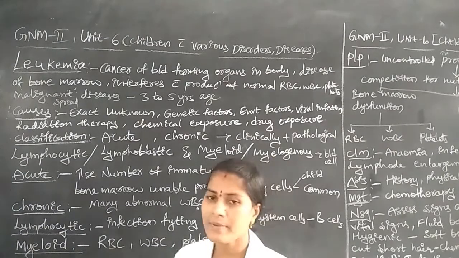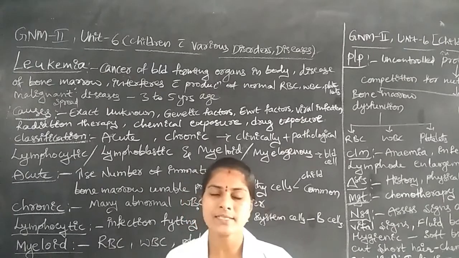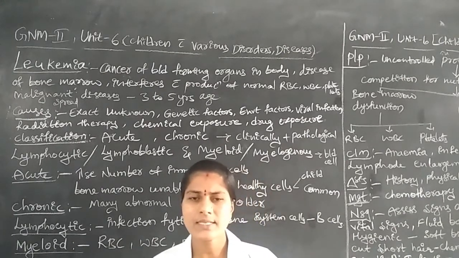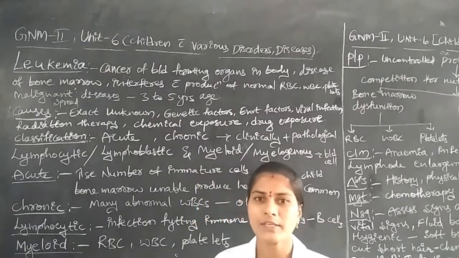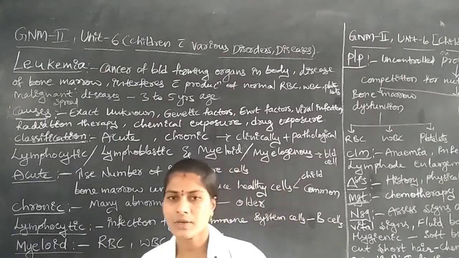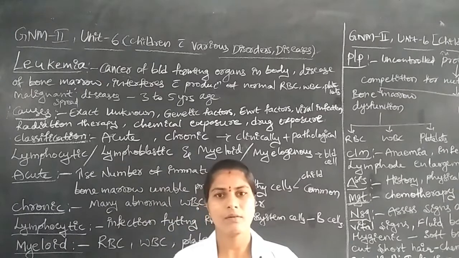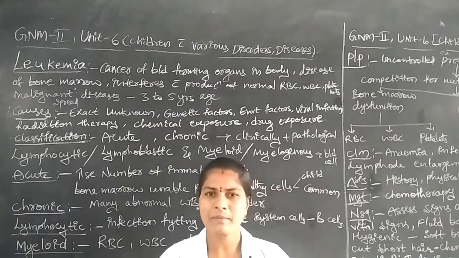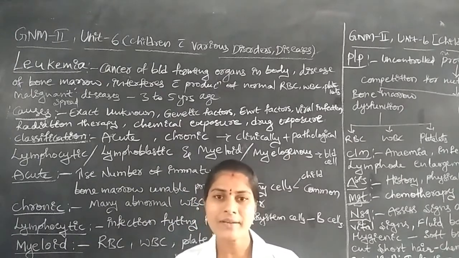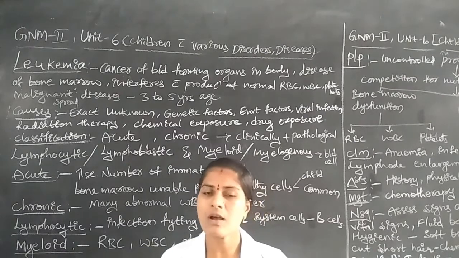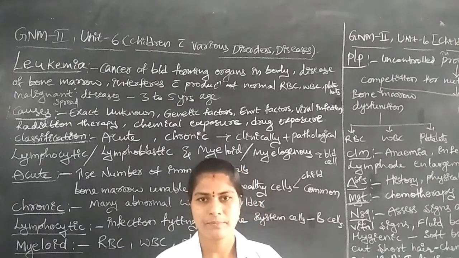What type of cancer is it? It is a malignant disease. For example, if the humerus bone has leukemia, the disease easily spreads to all over the body parts. Why?